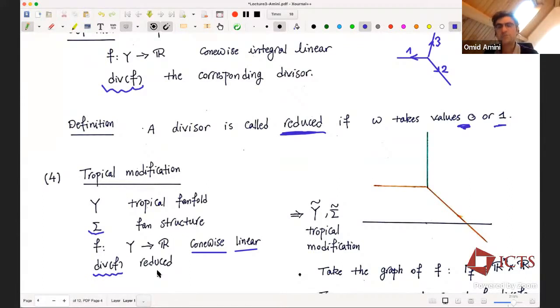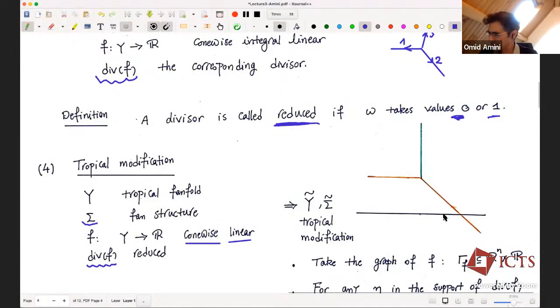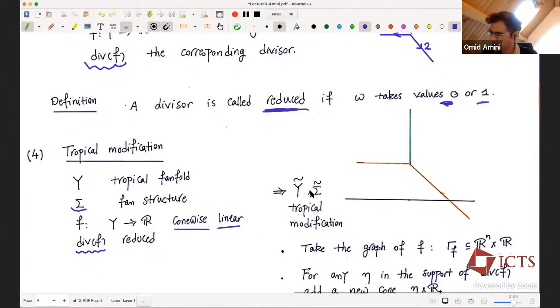Because you want to get a tropical fan which has all the weights equal to 1. Otherwise, if you don't ask this, then you have to put some weights which are not equal to 1. Then you produce a new tropical fan. Okay, how do you do this? So this is the new fan, Y tilde, sigma tilde.